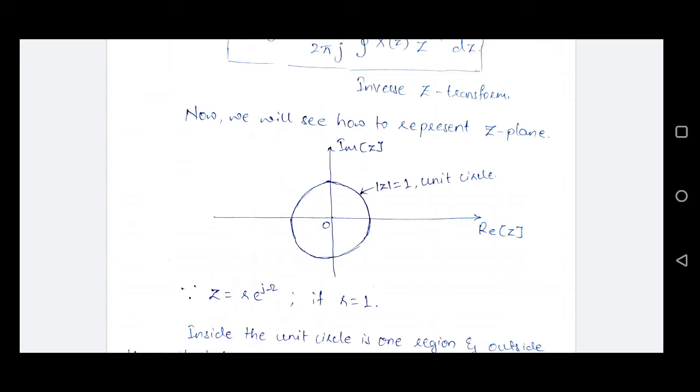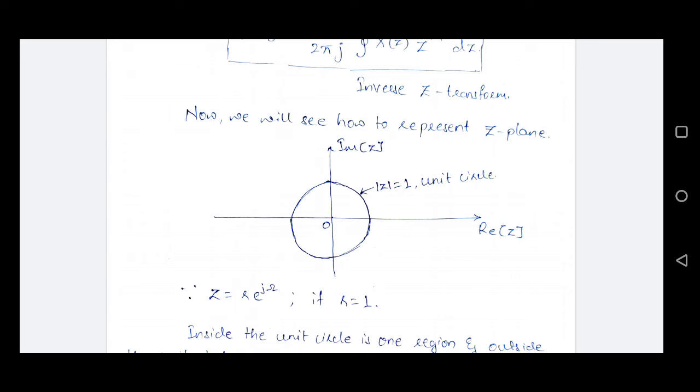Because r is the radius, the region of convergence on the Z plane will be a circle. If r is equal to 1, then mod of z equals 1, and it will be a unit circle.